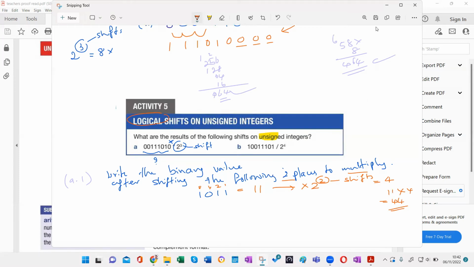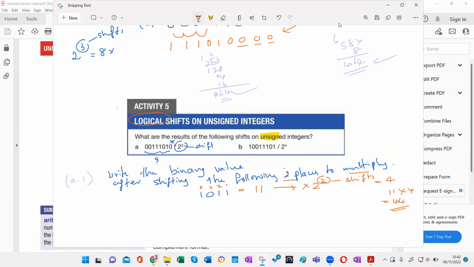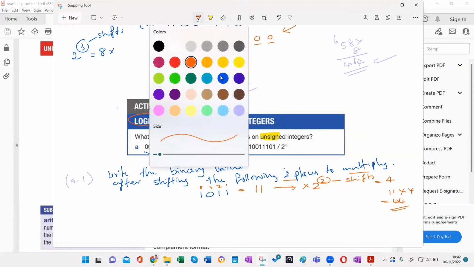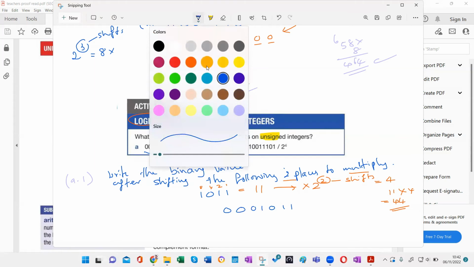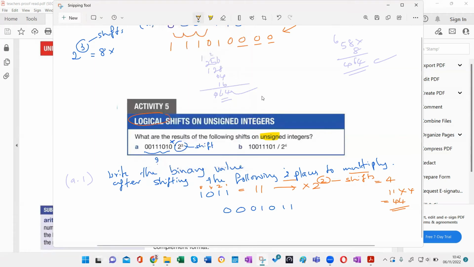Right? So you can do a bit of analysis first before you perform the shift. Okay, now let's do the shift. I'm going to write like this, put some zeros here. 1, 0, 1, 1. This one will be shifted 2 places.